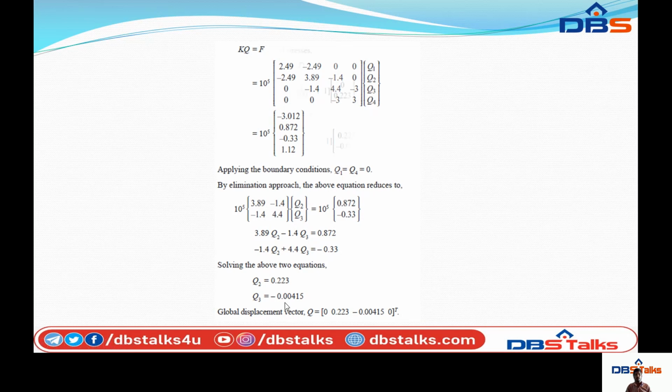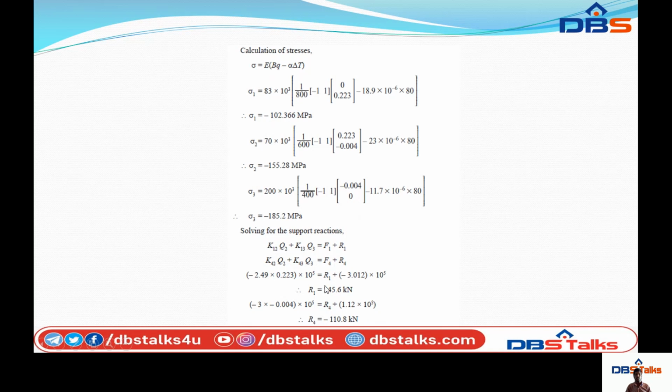Then the Q2, Q3 values are obtained. After then, calculation of stresses and support reactions. Here I am calculating the support reactions at node 1 and node 4. Why? Because the support reactions are only at 1 and 4.